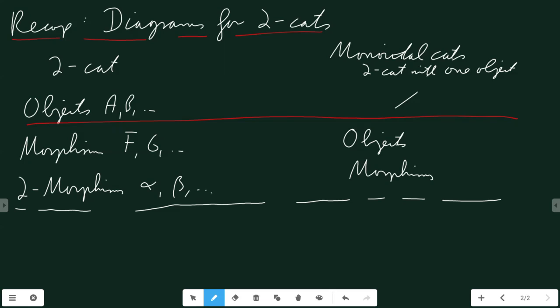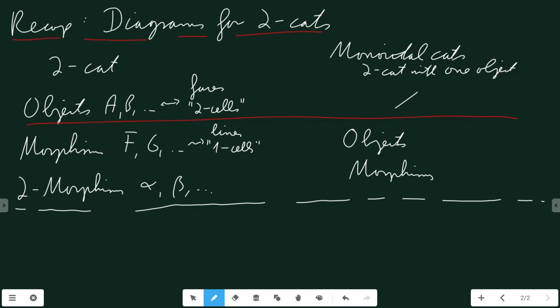So very good. And now the diagram calculus works as follows. So the objects here become actually faces, which are 2 cells, right? 2-dimensional objects. The morphisms here become lines, so 1 cells, 1-dimensional objects.